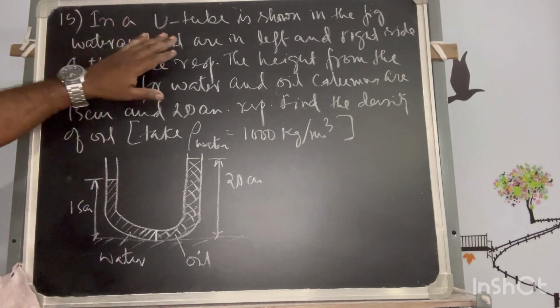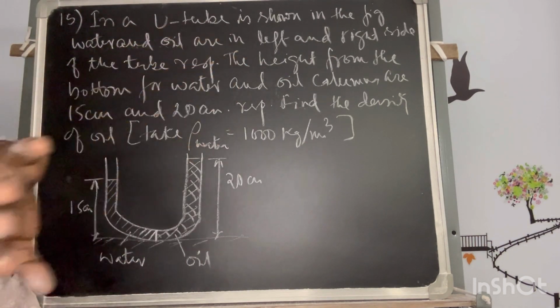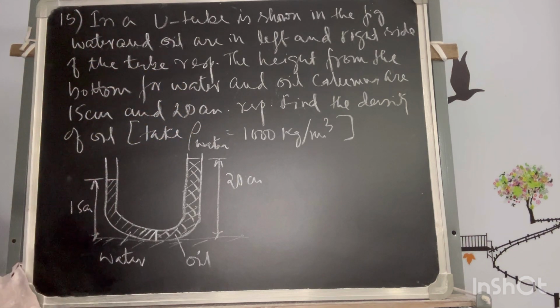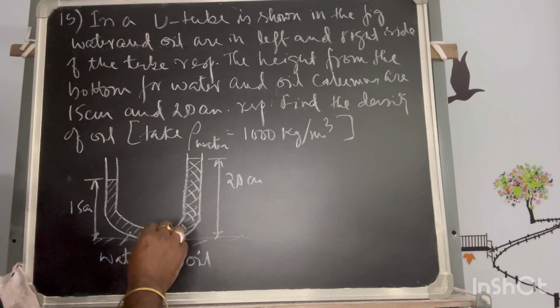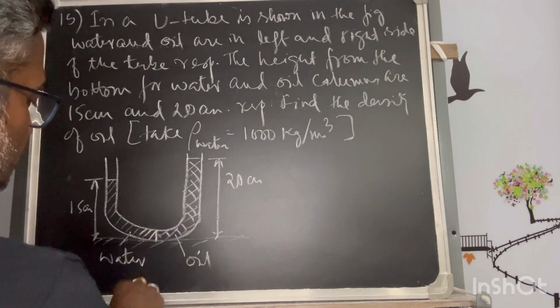In the U-tube in the figure, the water and the oil are on the left side and right side respectively, with heights as shown. Now find the density of oil. It is in a steady state, static equilibrium.